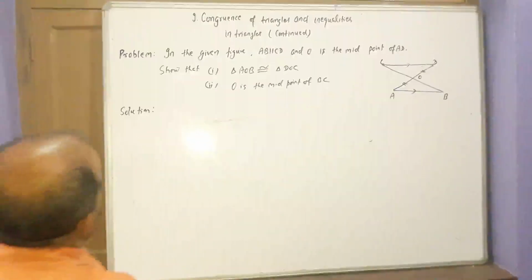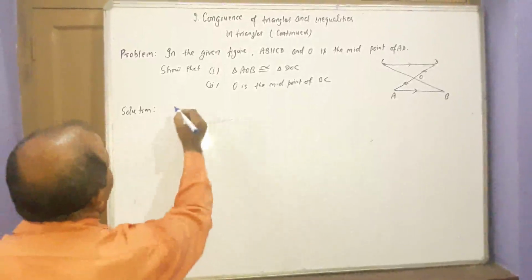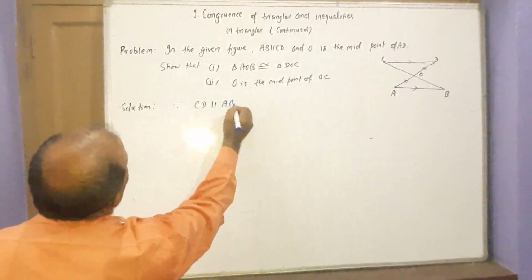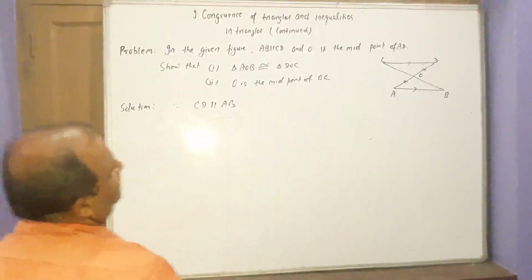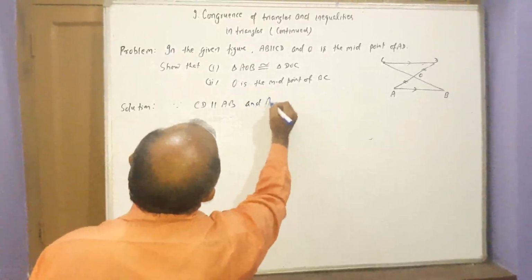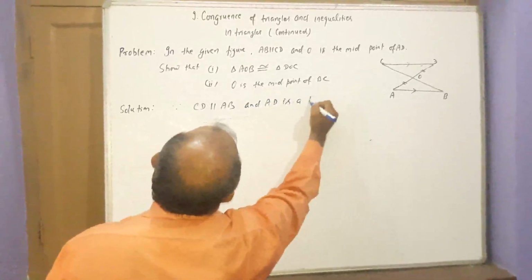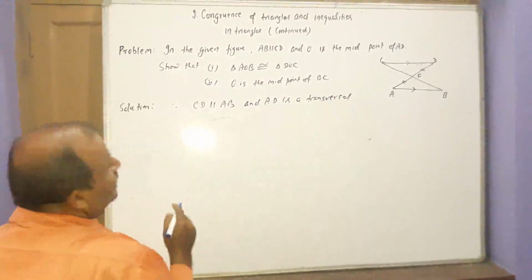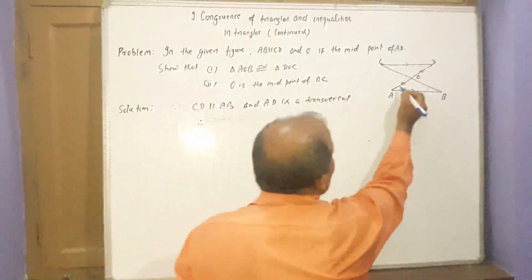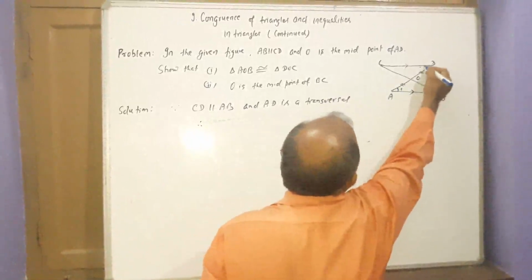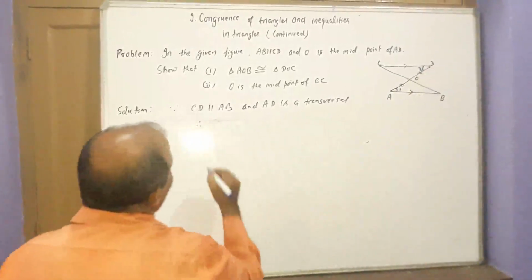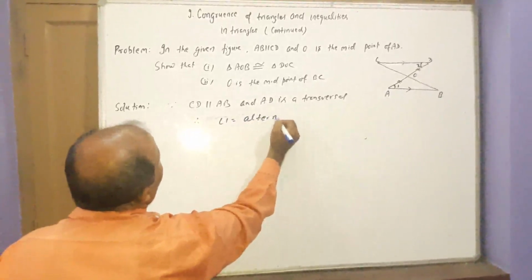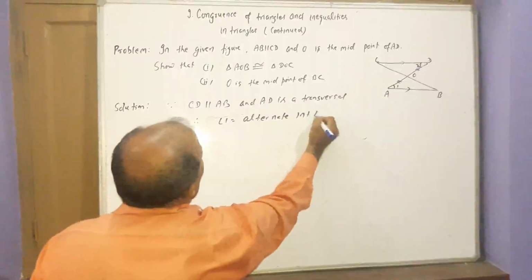See here, in the solution, since CD is parallel to AB, this is given in your question, and AD is a transversal. Therefore, suppose this one is angle 1 and this one is angle 2, and therefore angle 1 is equal to alternate interior angle 2.